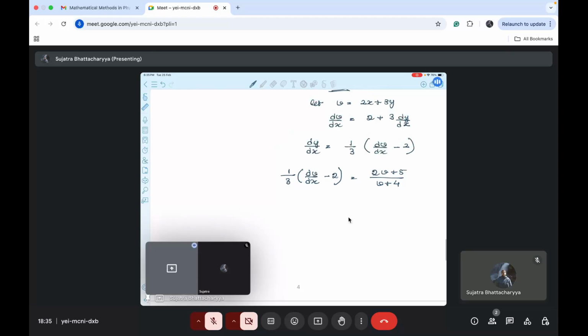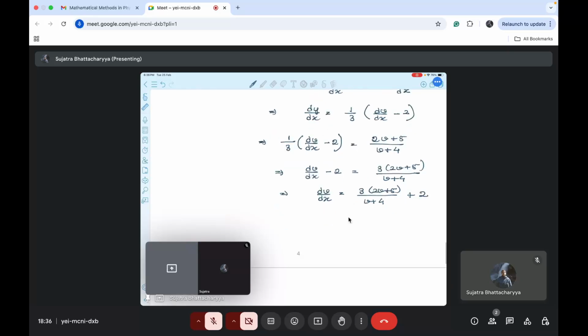Yes, we can write. Solving further, we get dv/dx minus 2 becomes 3 times (2v plus 5) divided by (v plus 4). Further, let me go step by step. This becomes dv/dx is equal to 3 times (2v plus 5) by (v plus 4) plus 2.